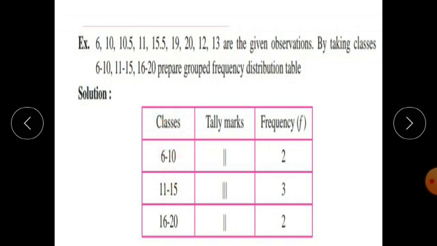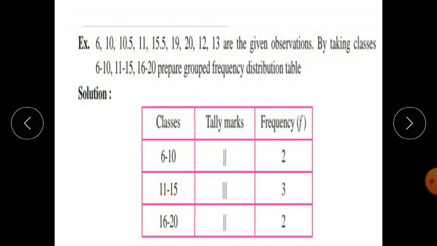Okay, so the first column is for classes, the second column is for tally marks, the third column is for frequency. In the first column the data is classified into small groups like 6 to 10, 11 to 15 and 16 to 20, and each group is called a class.